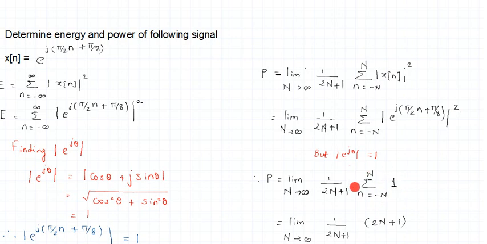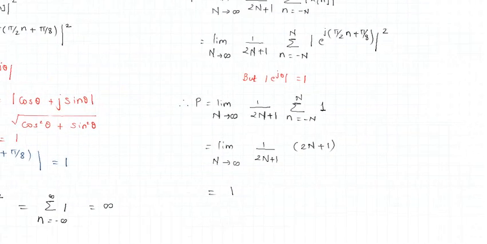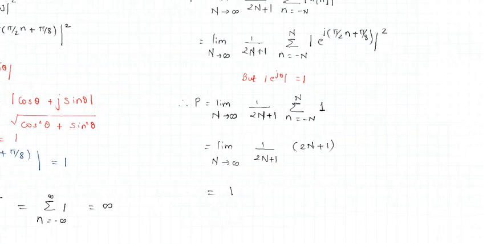So what is the significance of this summation? This is very important to understand. The summation is from n equals minus N to N, with the summed value being 1. How would you interpret this part of the equation? Summation means you're adding.